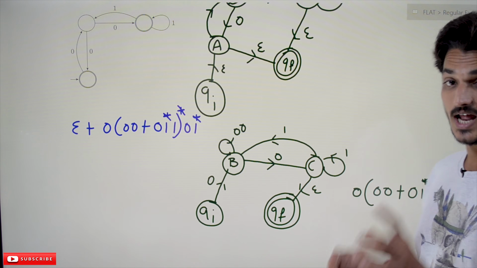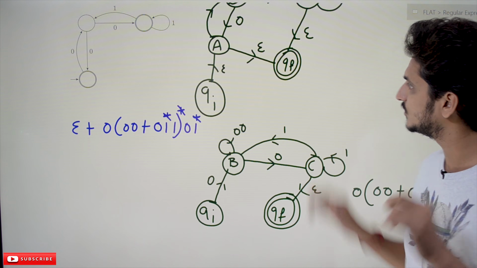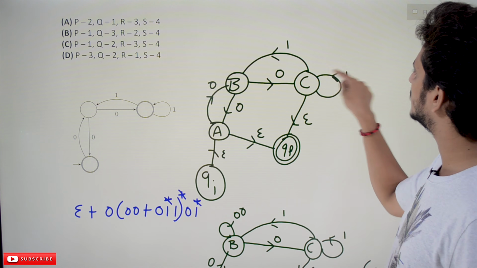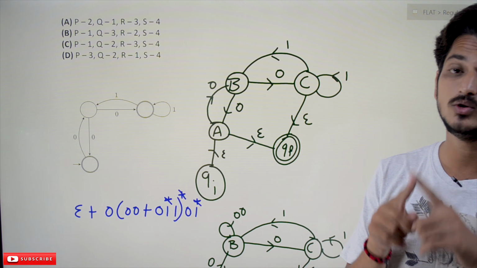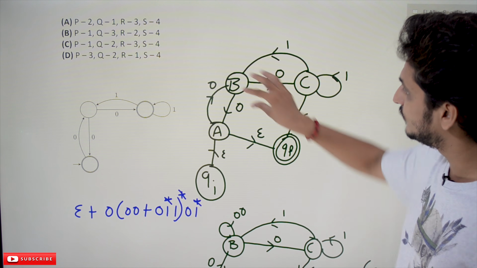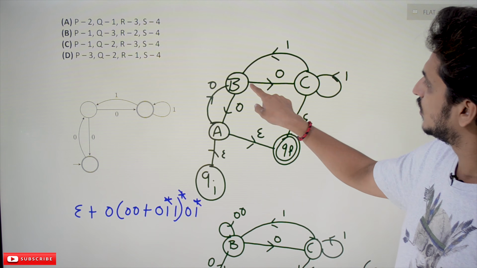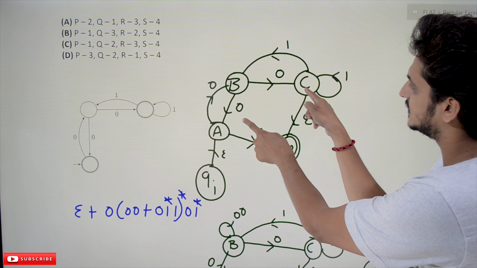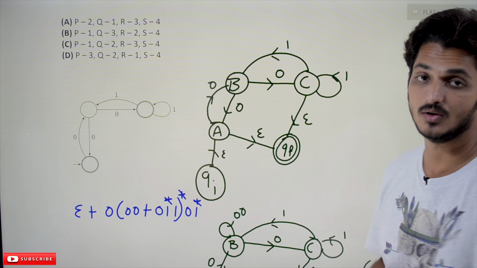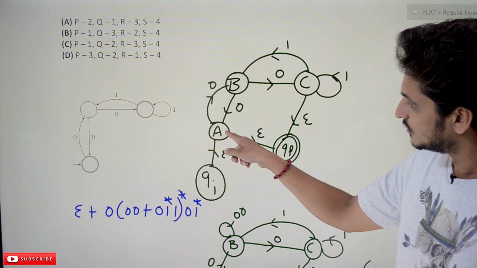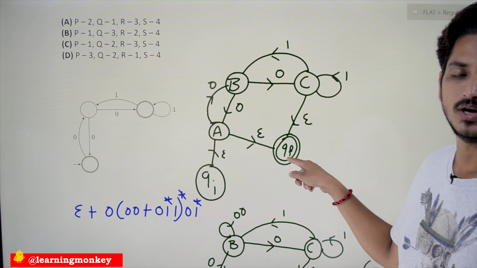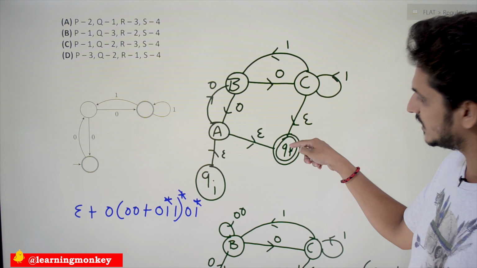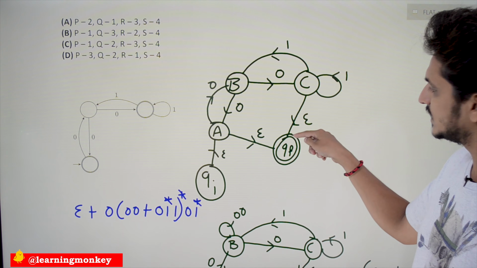The last point to understand, which is very important: after staying on B with (0, 0 or 0, 1 star, 1), we can go either side. By taking 0 we can go to C, and by taking 0 we can go to A. Whenever we move to A, we end up in QF, which means it is accepted. Whenever we move to C, we also end up in QF, because we can move using epsilon moves.